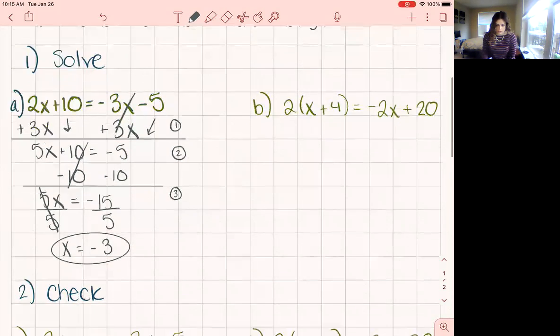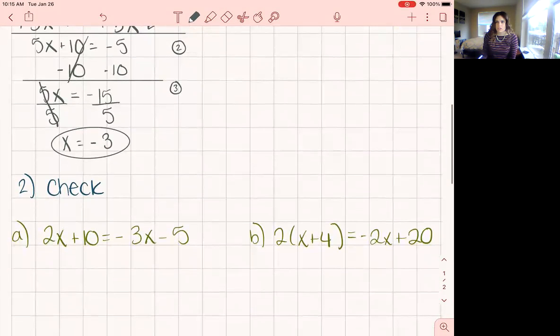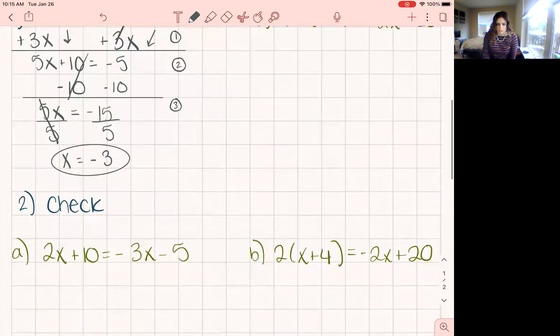So what we're going to do is go back to the original equation. Everywhere we see an x, we're going to replace it with the negative 3. So if we decided x was equal to negative 3, then any place there's an x, it should be negative 3.